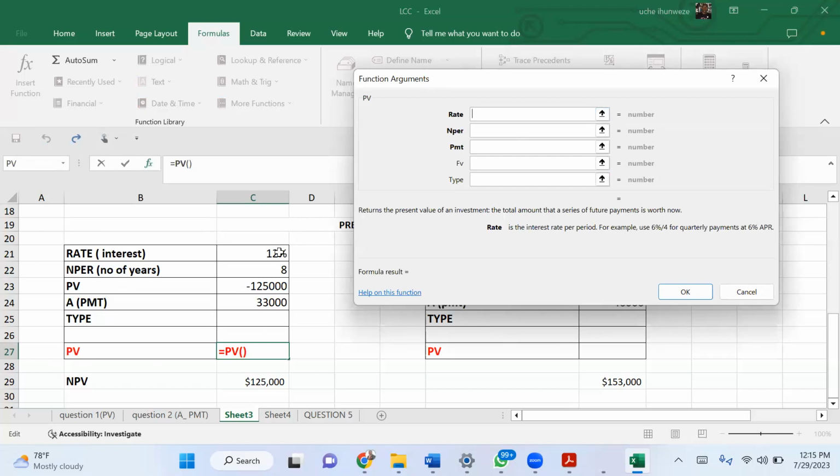So the rate is 12%. Number of years is 8. The PMT is 33.